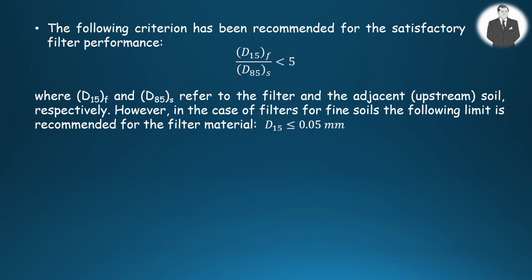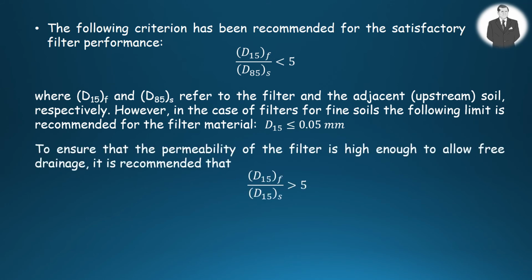Nevertheless, in the case of filters for fine soils, the following limit is recommended for the filter material. D sub 15 should be less than or equal to 0.05 millimeter. To make sure that the permeability of the filter is high enough to permit free drainage, it is recommended that D sub 15F over D sub 15S should be greater than 5.